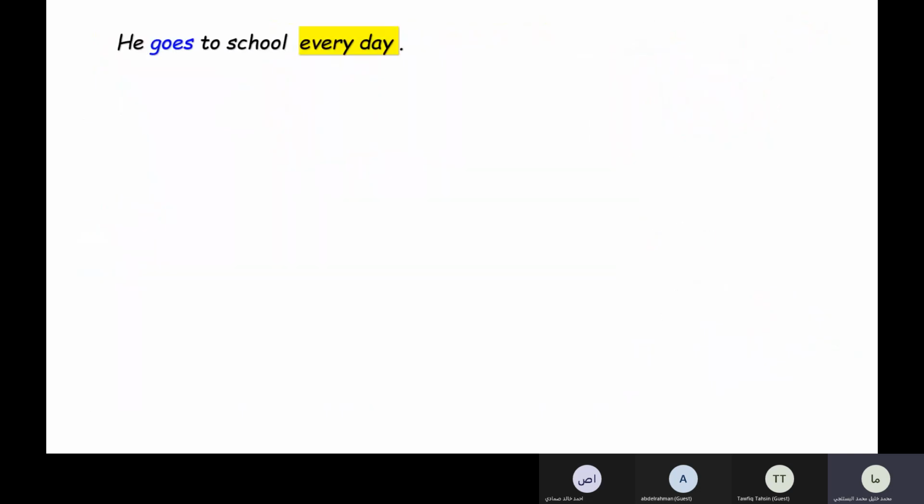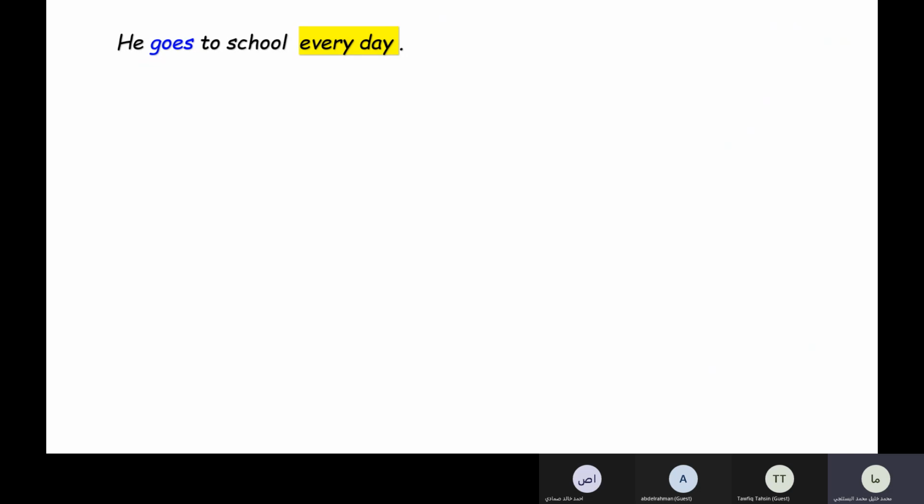I think it is easy for you to remember the present simple and its uses. The first one is what? You know that the present simple is used with what? Is that all?